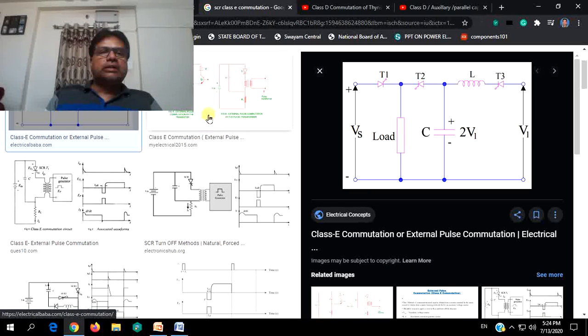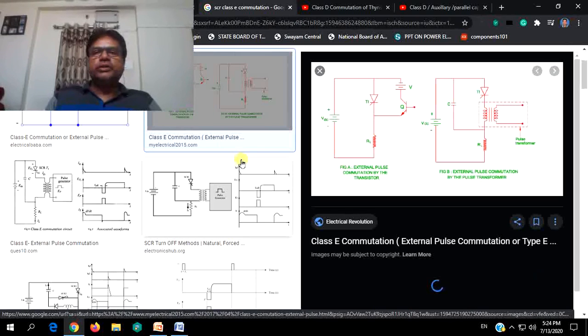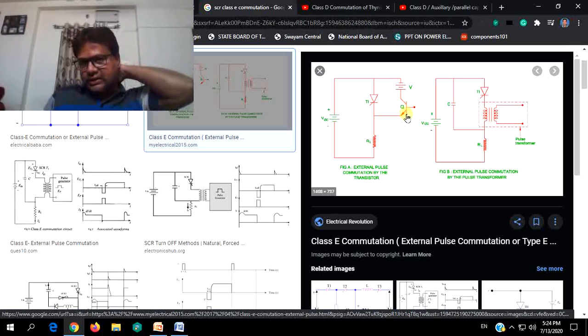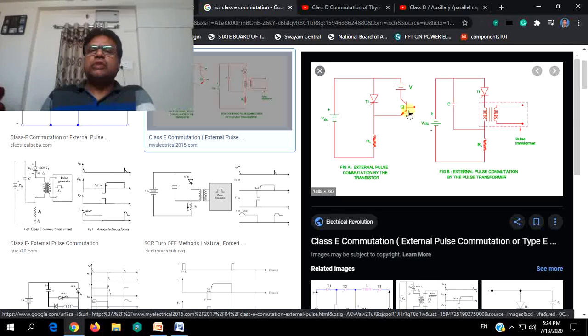Another circuit is also there, which we will go through simply, where this pulse transformer, which we have already discussed, is replaced by a simple NPN transistor with a separate voltage source, and the biasing voltage and currents of this NPN transistor are tuned to the turn on and turn off of the main SCR.